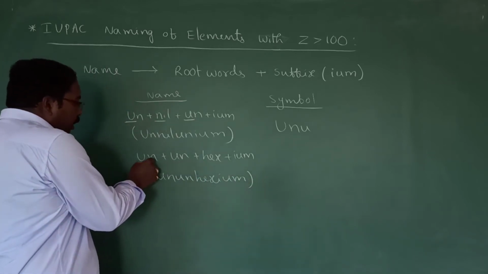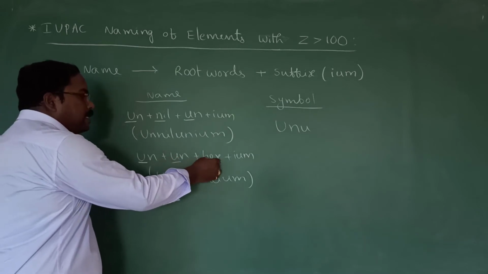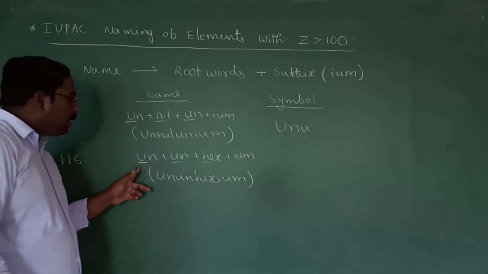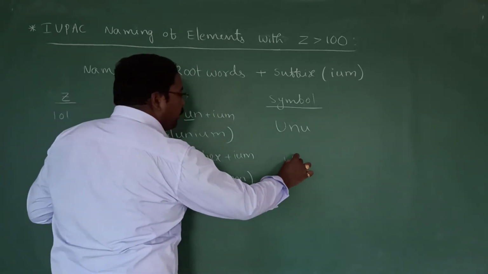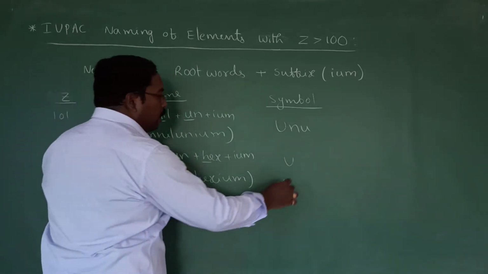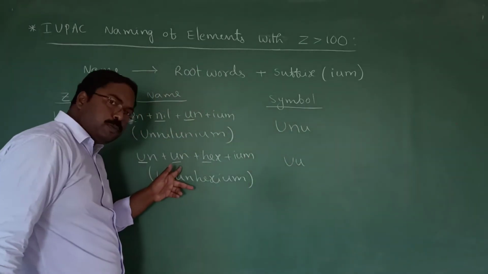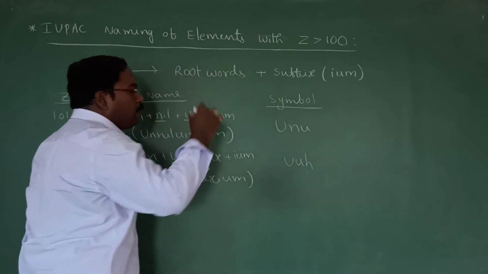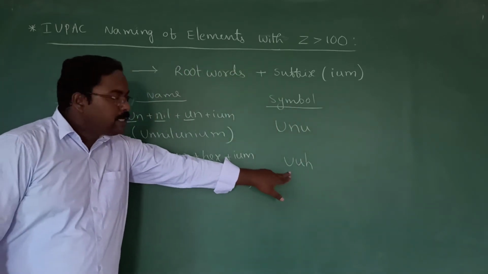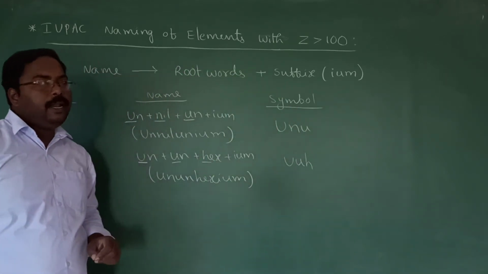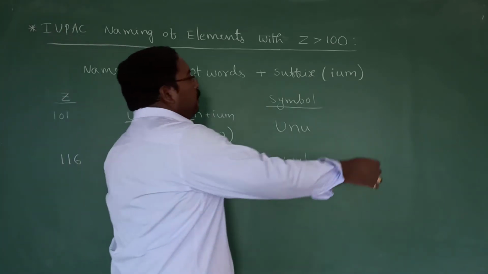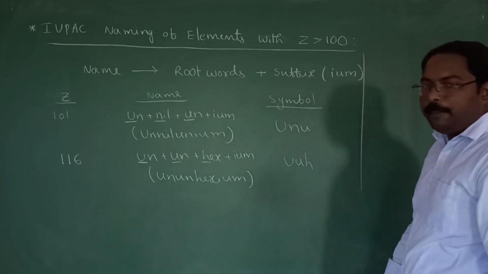Coming to the symbol, take the starting letters of the root words. The starting letter of un is U, again un is U, and hex is H. This should be written in a small letter, because only the first letter is the capital letter. I hope you got an idea of how to write the name.